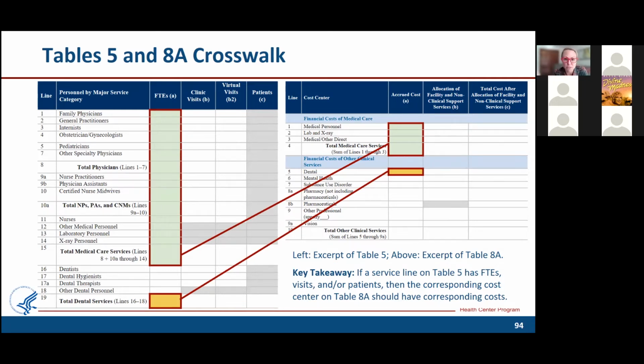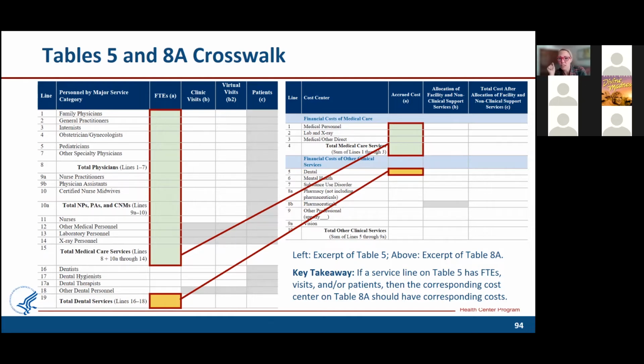So I mentioned a moment ago, and if you attended the last session, here's a review of table 5, and also table 8A is listed on here. On the left side of this screen, you have a snippet of table 5. On the right, a snippet of table 8A. The total costs for everything provided by the FTEs reported on lines 1 through 15 of table 5 are reported on lines 1 through 3 of table 8A. We'll dig into that a little more in a moment.